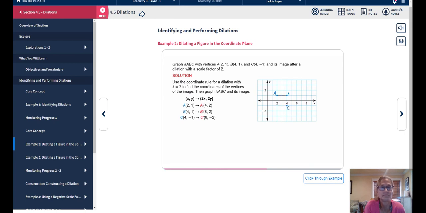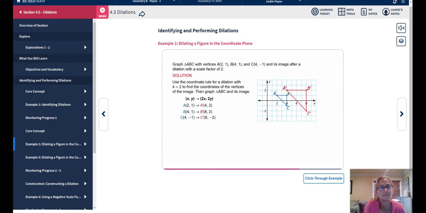Use line segments to connect the vertices to form triangle ABC. Next, graph triangle A prime B prime C prime with the vertices A prime (4, 2), B prime (8, 2), and C prime (8, -2). Use line segments to connect the vertices to form triangle A prime B prime C prime.